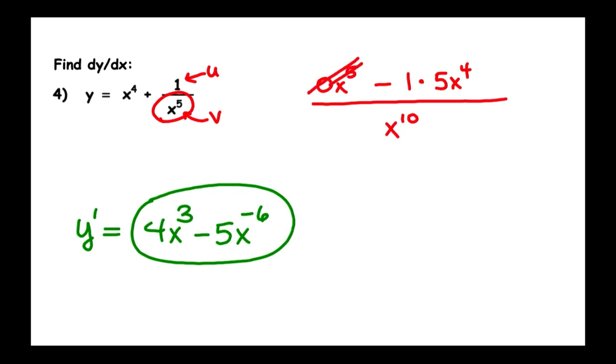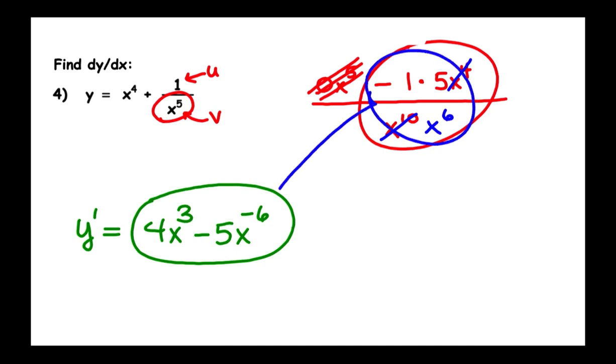I think you can see that after you cancel 4 x's, this is going to be negative 5x to the negative 6th. So, yeah, quotient rule works, but you don't always have to use it.